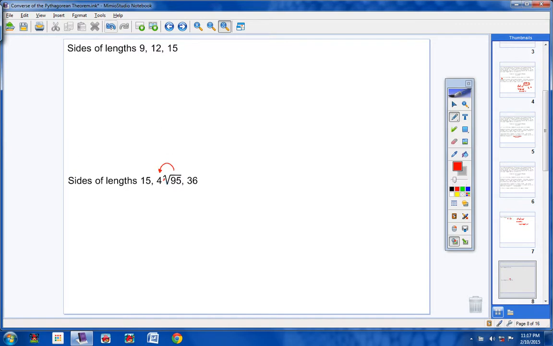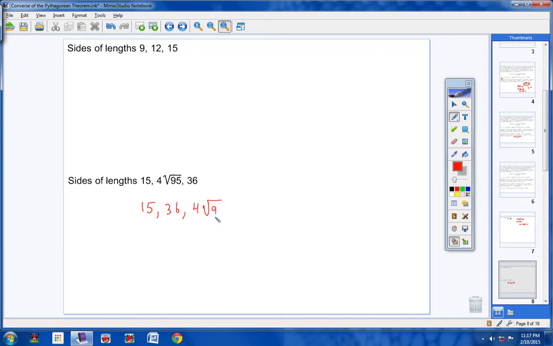So if you type that in your calculator correctly, you're going to see this is approximately 38.9, okay? So that shows you right there that this is the longest side, okay? So I would write these sides from the shortest to the longest. So 15 comes first, then 36, then 4 square root of 95, okay?